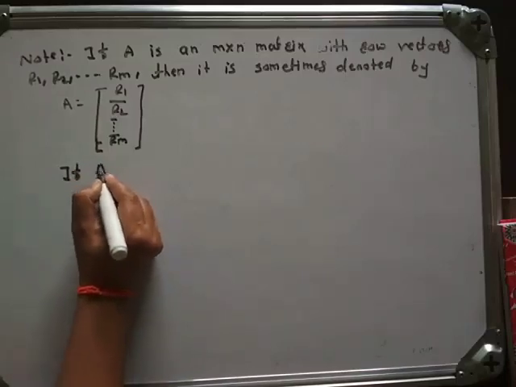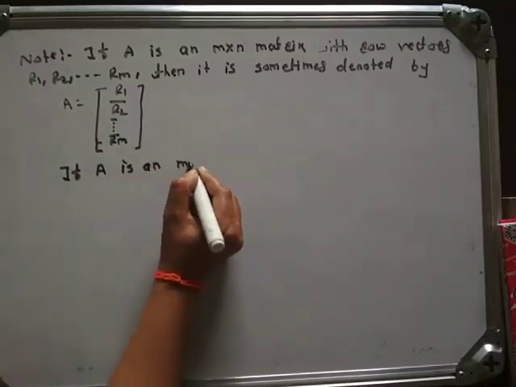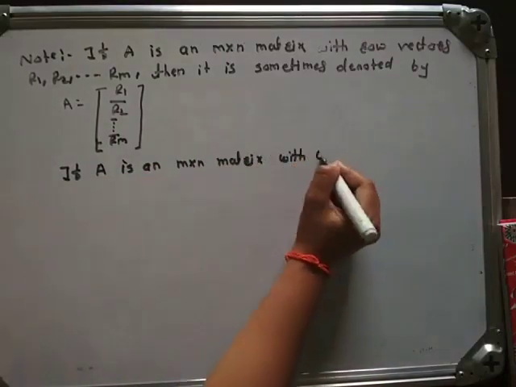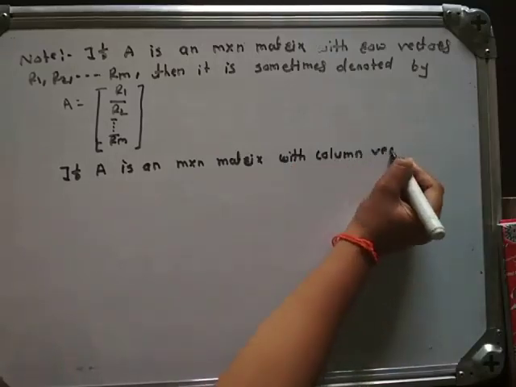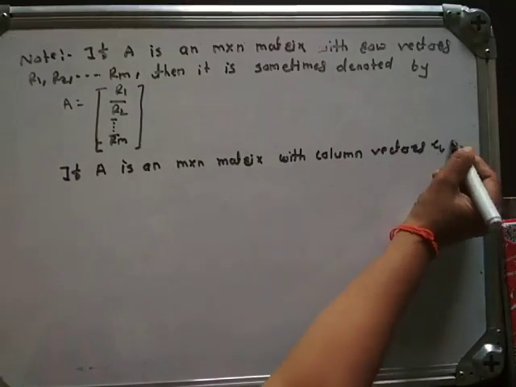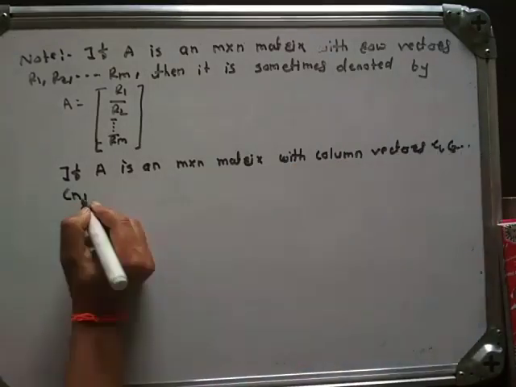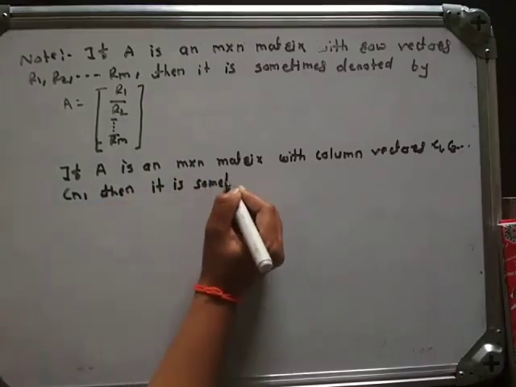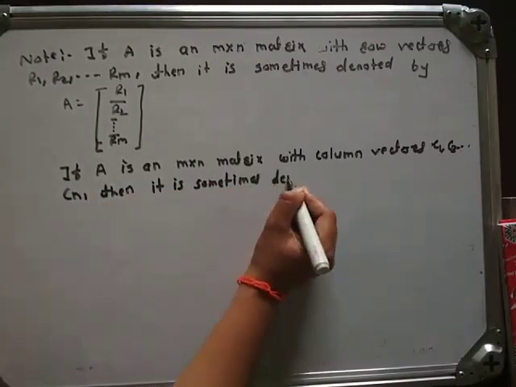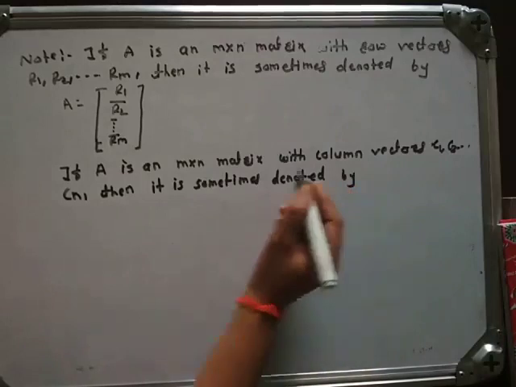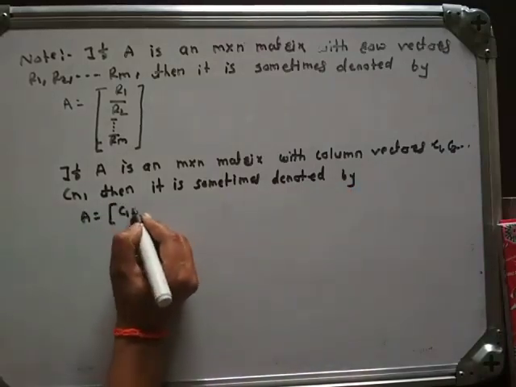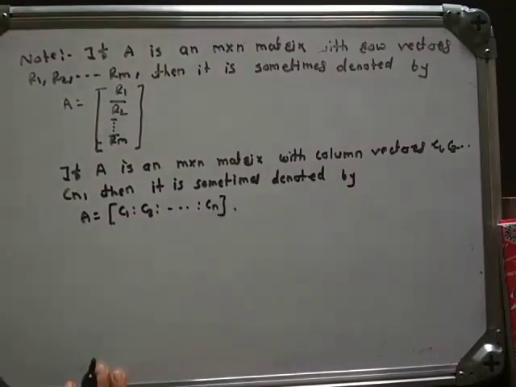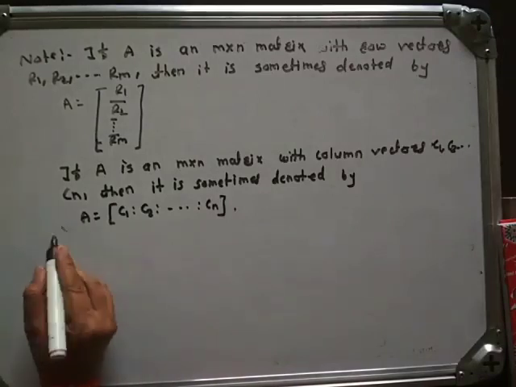If A is an m by n matrix with column vectors C1, C2 and so on up to Cn, then it is sometimes denoted by A equals the matrix with columns C1, C2 and so on up to Cn. It is denoted like this.